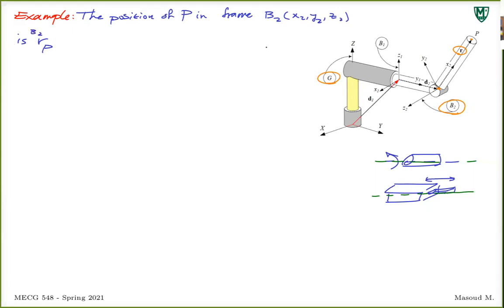Just simple. This is the r we're talking about, right there. So we say this is r p in B2.